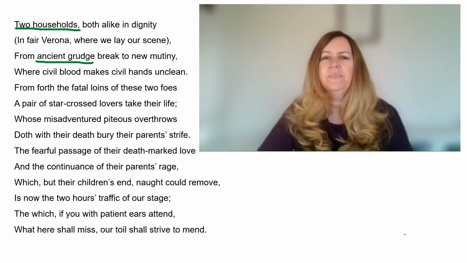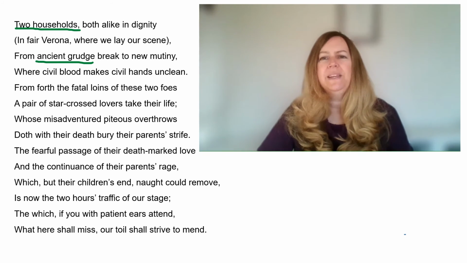A grudge is a feeling of anger towards someone who you believe has treated you badly. This one is ancient. It may not even be anything to do with the people in this play. Ancient sounds as if the grudge dates back generations, and the current generations may not even know or remember what it was about. This makes the sequence of events that follow seem even more heartbreaking.